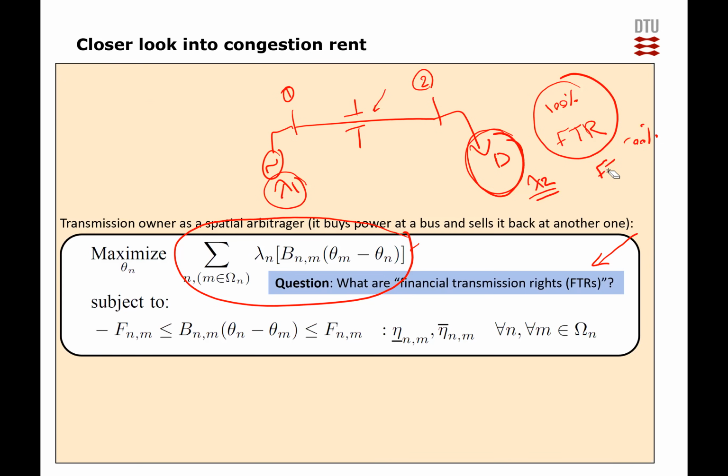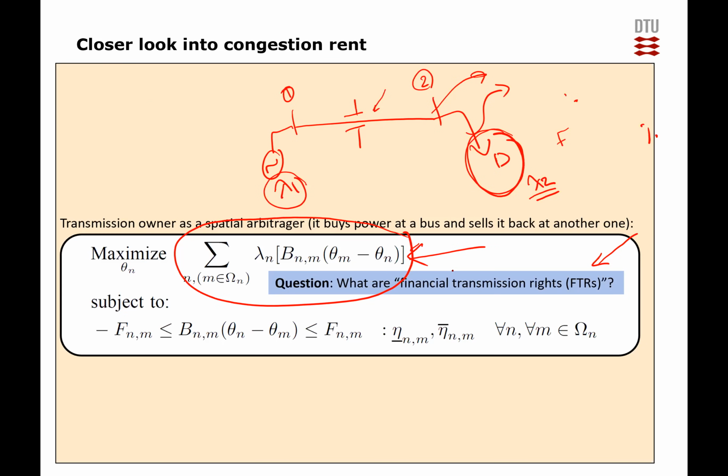But to be able to buy FTRs, the transmission system owner develops an auction at the beginning of a year or a season and sells FTRs. And then the demand D or other demands in the same node participate in that auction developed by the transmission system owner, and they compete and buy FTRs. Is it clear?